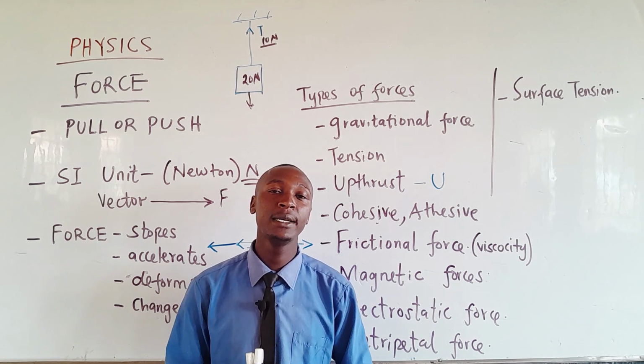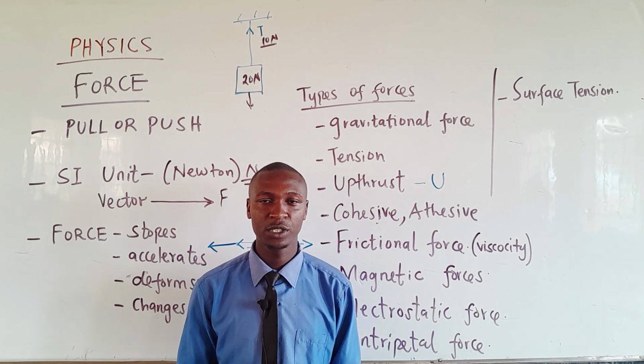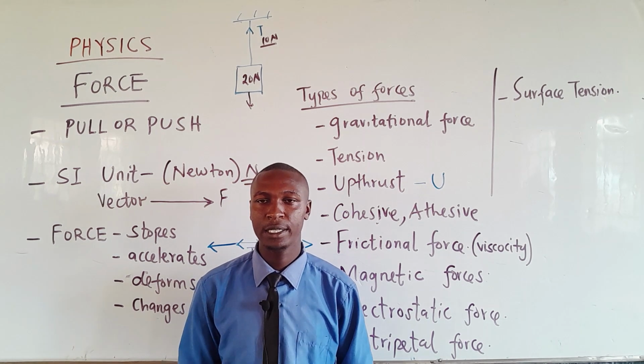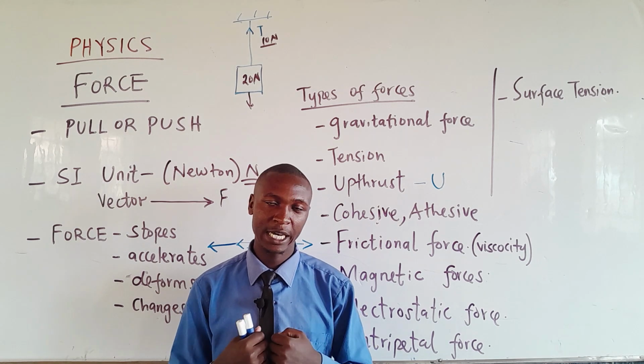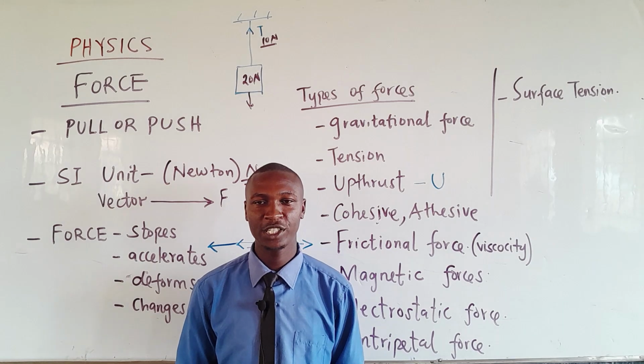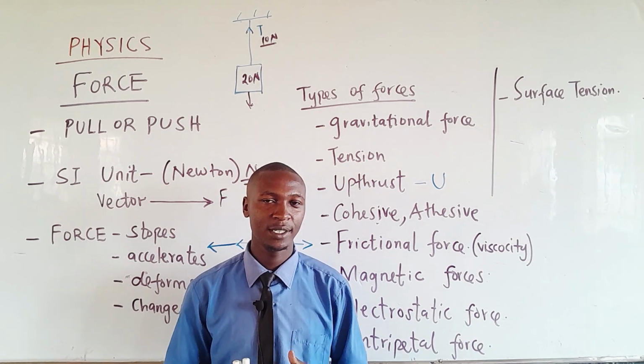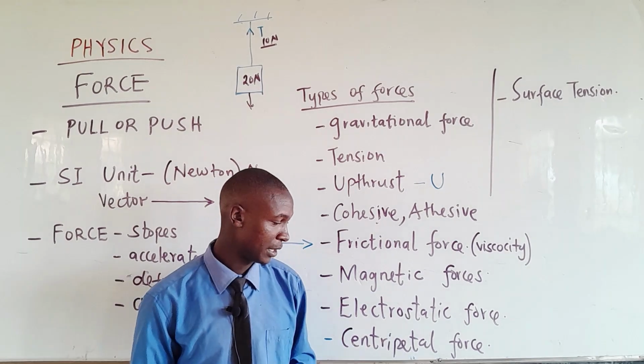If you bring those of different kinds, the negative and the positive, together, then you expect them to attract each other, and therefore like charges repel and unlike charges attract. Forces due to charges is what we call the electrostatic force.